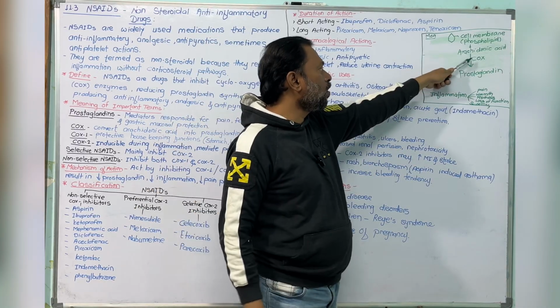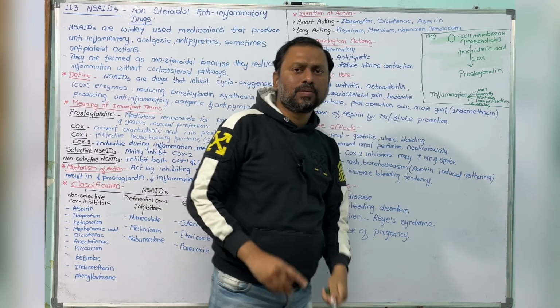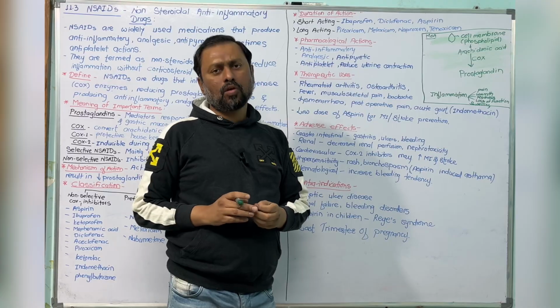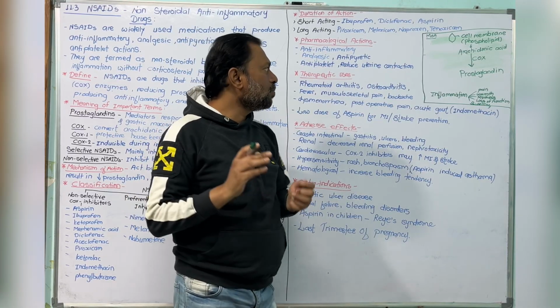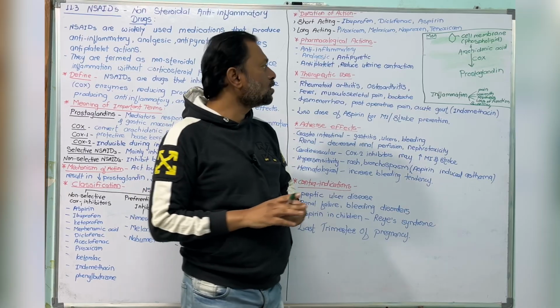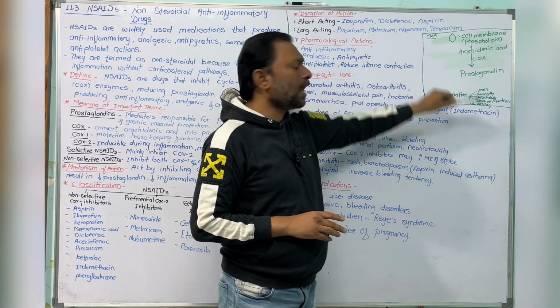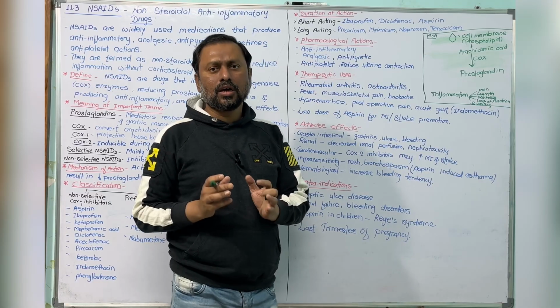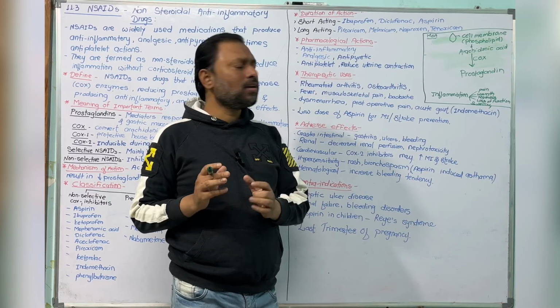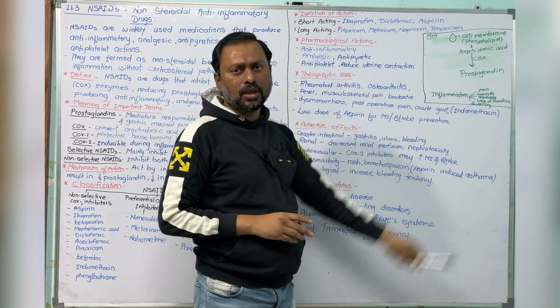The cyclooxygenase is of two types, COX1 and COX2. Cyclooxygenase 1, cyclooxygenase 2. Predominantly COX2 produces prostaglandin. Prostaglandin is the main factor for inflammation in the body.